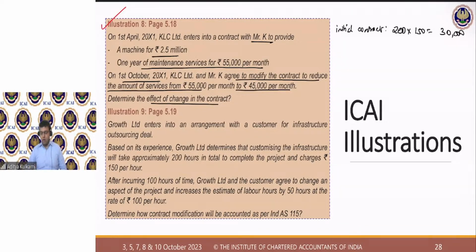Now, after incurring 100 hours of time, Growth Limited and the customer agree to change an aspect of the project and increase the estimate of hours by 50 hours, at the rate of 100 rupees per hour. So this is what is going to be understood.